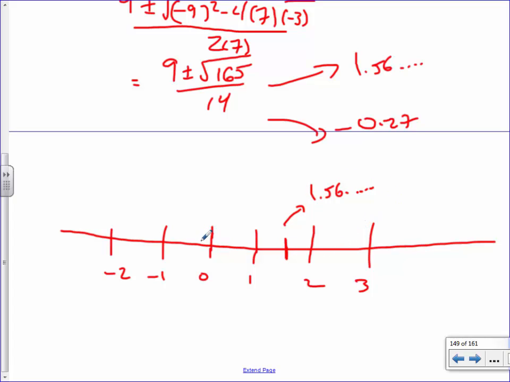And negative 0.27 is going to go right about here. Do I get to include those values or no? Yes. Okay, so if I do get to include them, then closed circle.